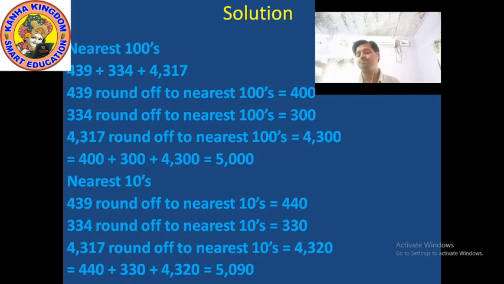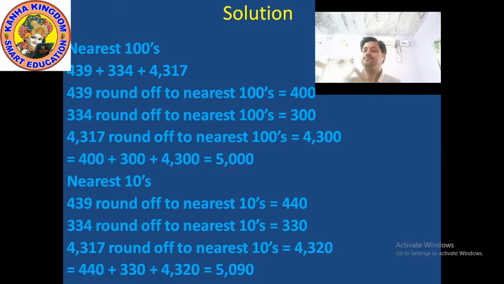Now the third number is 4317. Here the tens digit is 1, and 1 is also less than 5.